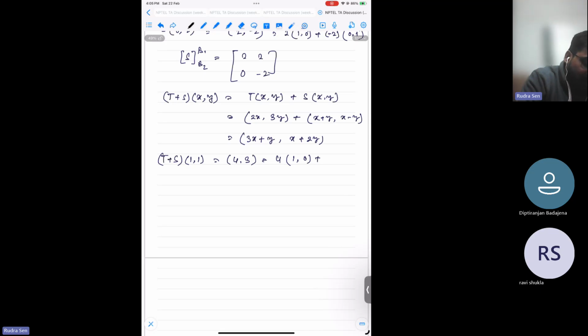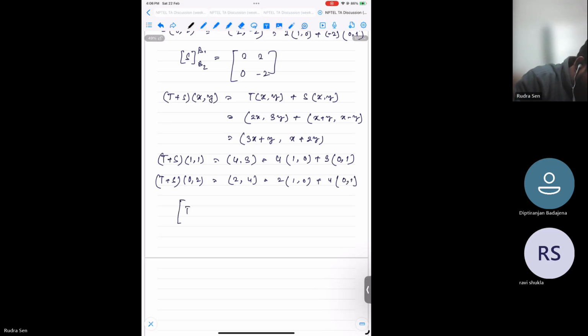Then for (0, 2) as well. So T plus S from B1 to B2, the matrix we get is [4 3; 2 4].